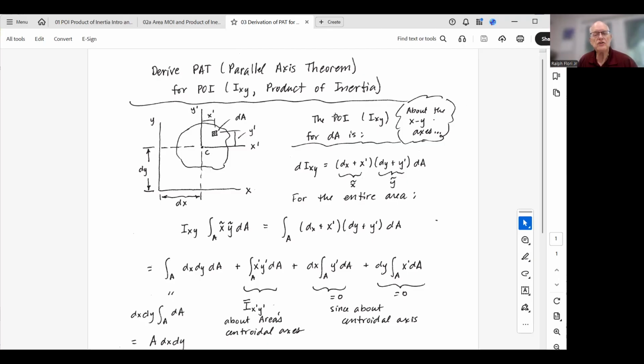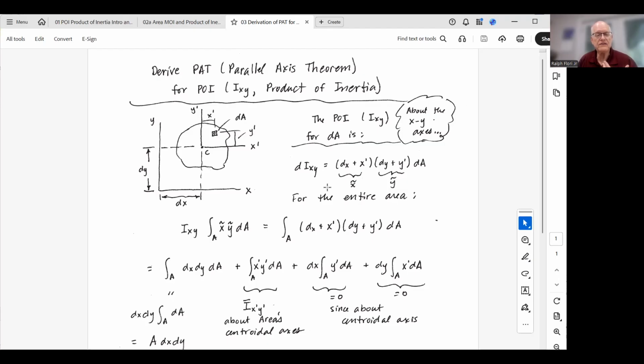So the product of inertia of dA about the xy axes is x tilde times y tilde times dA. And so we've got (dx plus x prime) times (dy plus y prime) times dA.